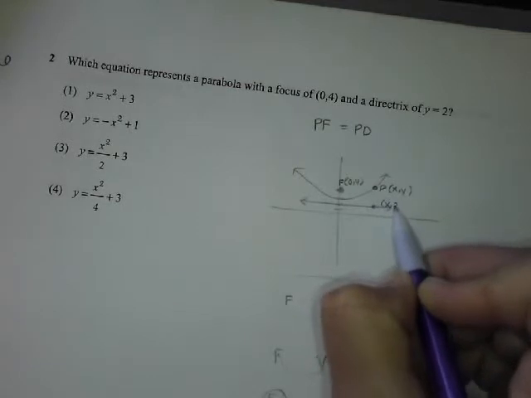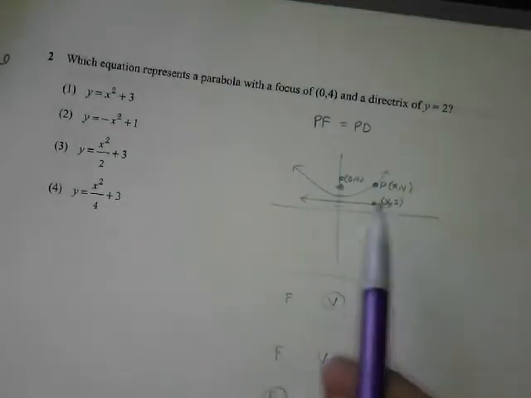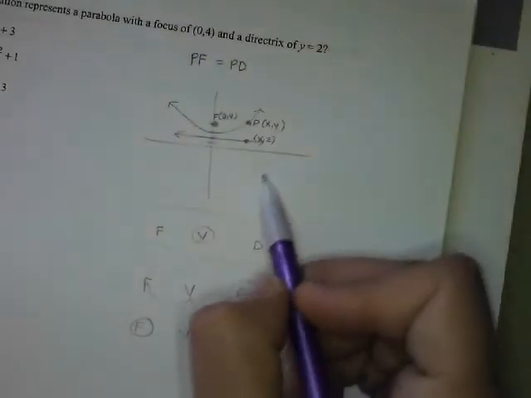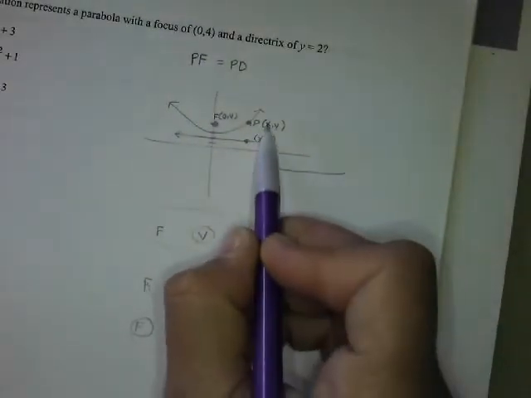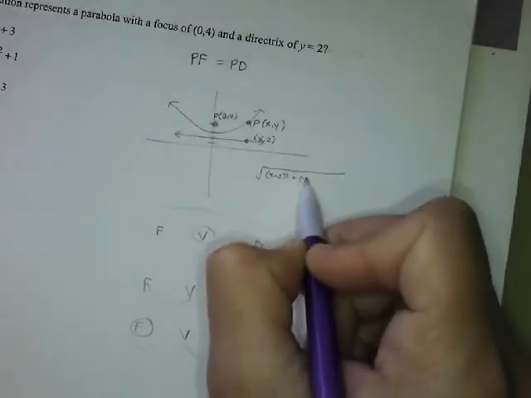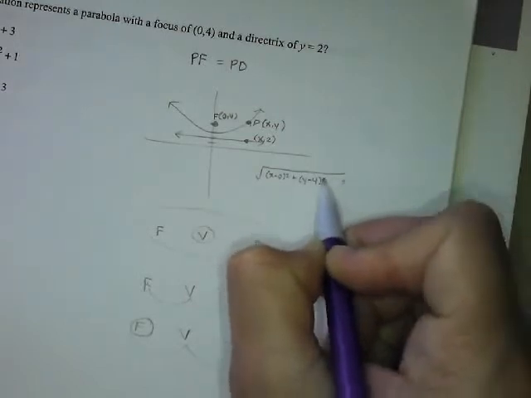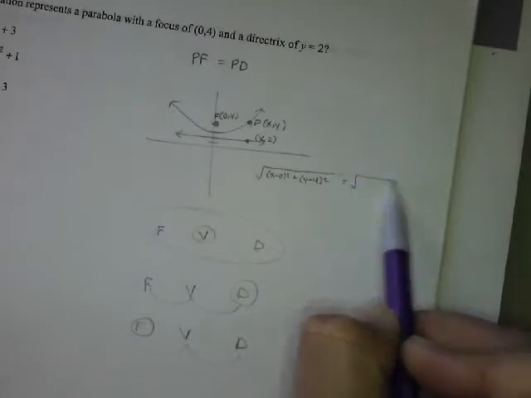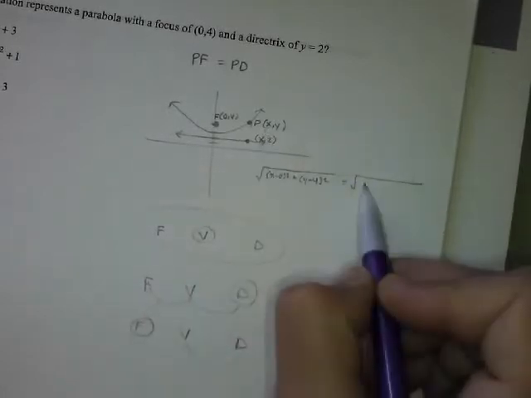And then it's the distance formula, point to focus, point to directrix. So point to focus distance formula is going to be x minus 0 squared plus y minus 4 squared equals, and then point to directrix is going to be x minus x squared and y minus 2 squared.